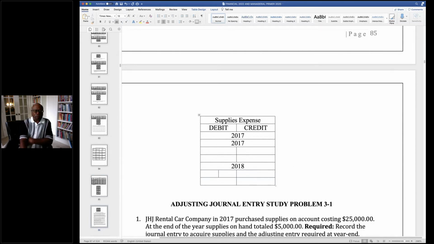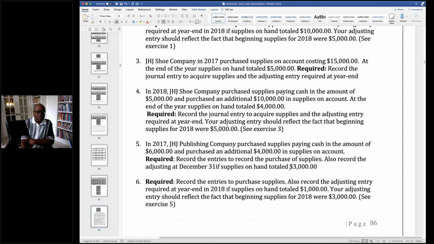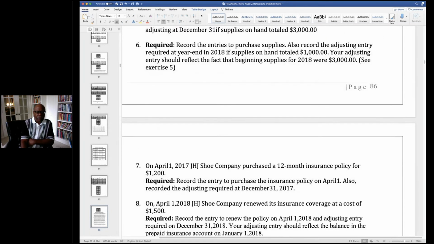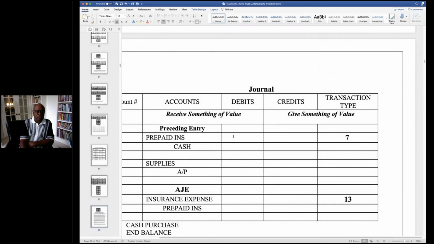Okay, so a 12-month insurance policy on April 1st for $1,200. So the first thing we're going to do is record the purchase, $1,200. And most times they won't pay cash for insurance.